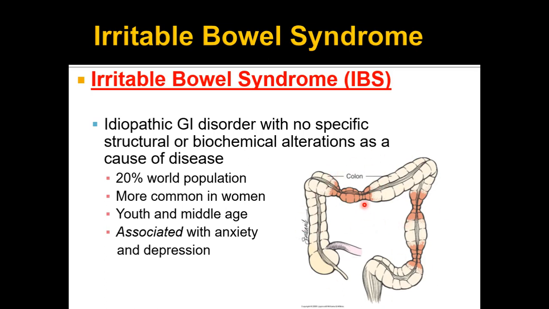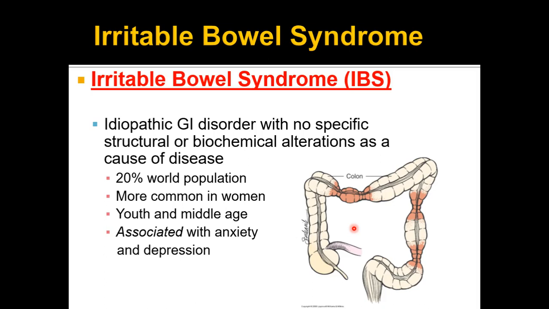We see spasming of the colon. So the smooth muscles along the colon are spasming out of sync with normal peristalsis. And so if there's spasming or even cramping of these smooth muscles, then that's going to create a lot of pressure in the non-spasming portions and can be quite painful.